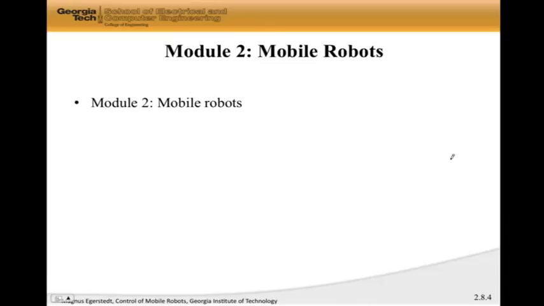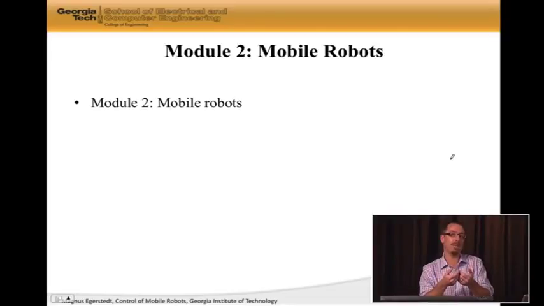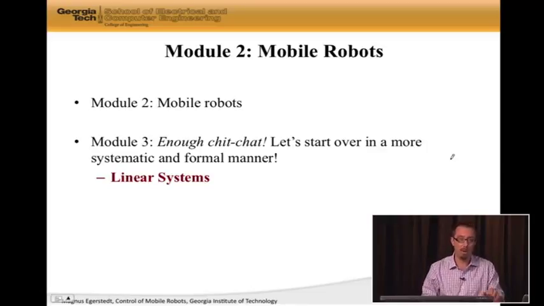What we have done in this module, module 2, is simply introduce mobile robots. We've looked at some basic models, some basic ways in which we get information about the world, and we designed some basic behaviors. But to be honest, we haven't been particularly careful about what we did. In module 1, we were also not particularly careful, but there the focus was on control theory. So module 3 is enough chit-chat.